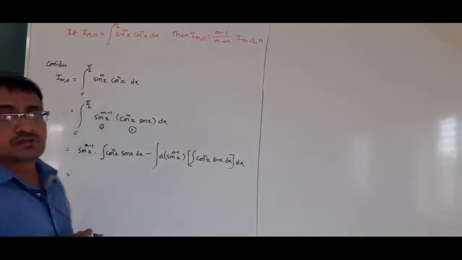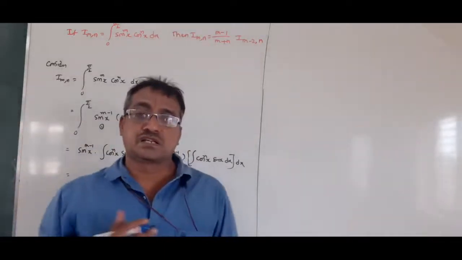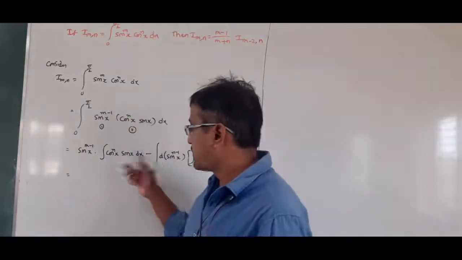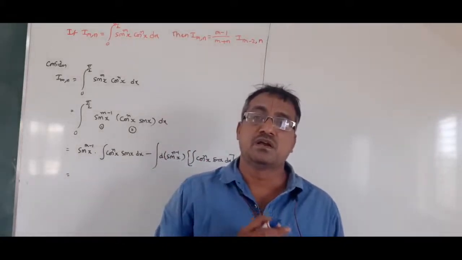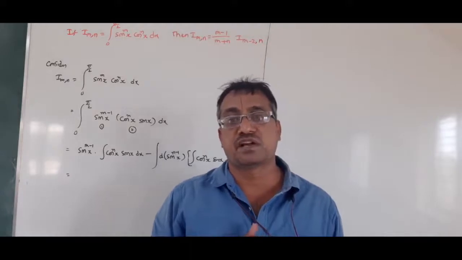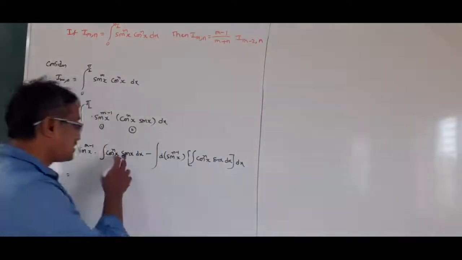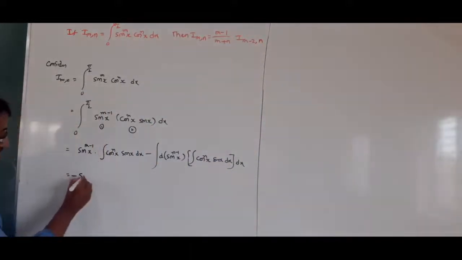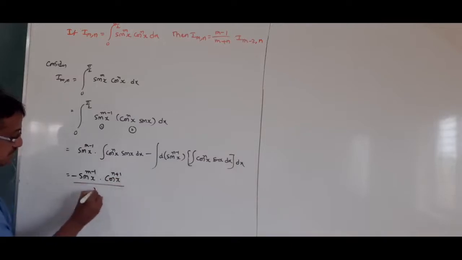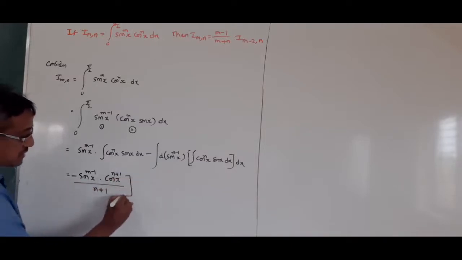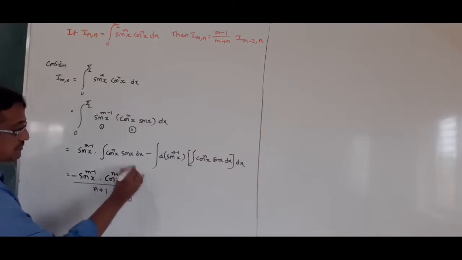Now cos x is f of x, then the derivative is minus sin x. Then it will be of the form integral f power n of x into f dash of x. So let us multiply with minus. So minus sin power m minus 1 x into cos power n plus 1 x by n plus 1 to the limits 0 to pi by 2.